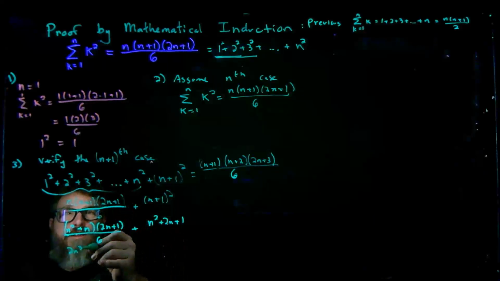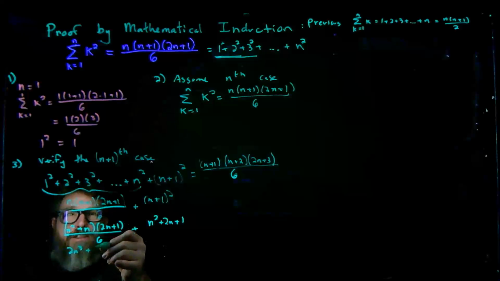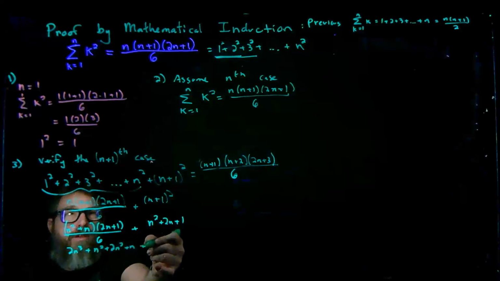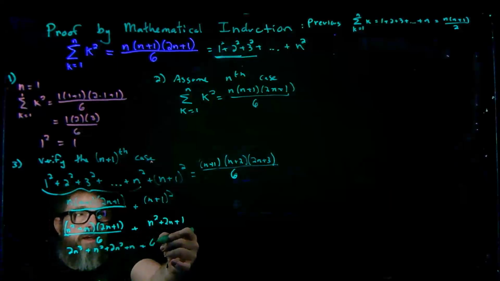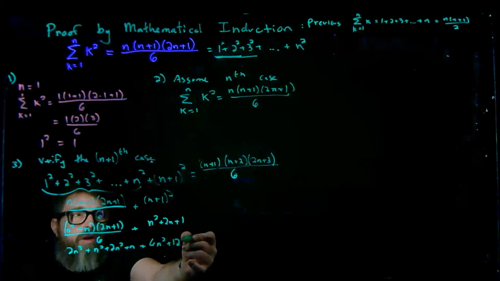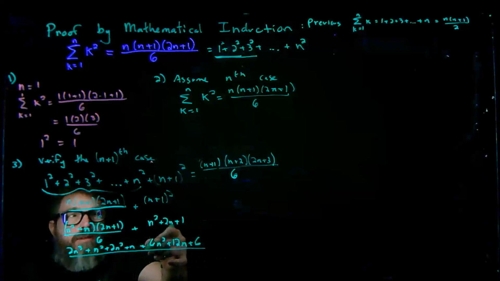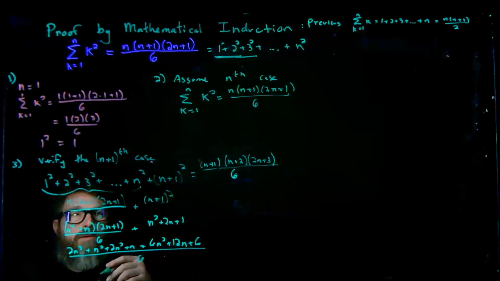So this is going to be equal to 2n cubed, outside is n squared, inside is 2n squared, last is n, plus top and bottom is going to be 6n squared plus 12n plus 6, because I'm getting this common denominator by multiplying top and bottom of this by 6.